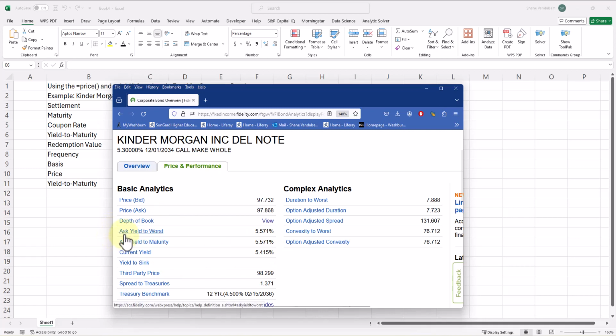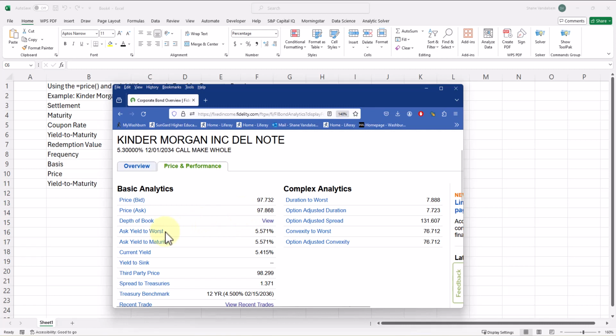So there's an ask price and there's a bid price, and you can see it up here. The bid price is $97.732. The ask price is $97.868. The ask price is the price that the bond dealer is willing to sell the bond for. So that's the price I'm going to pay for this bond today, okay? Not including any accrued interest.